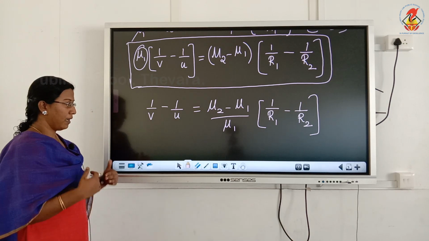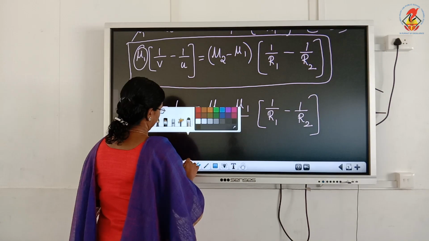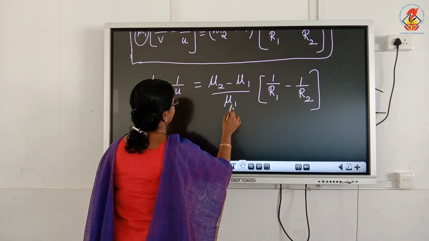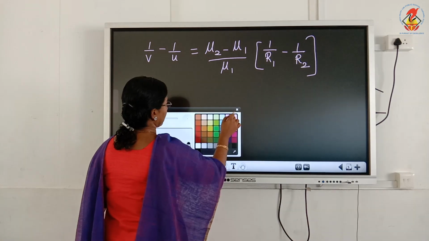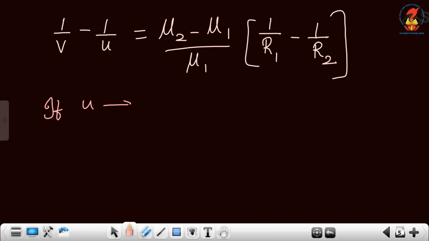Okay. Now, if we imagine the object to be placed at infinity, you have studied the ray diagram, isn't it? If the object is at infinity, then the image is formed at focus, which means if U is at infinity, we will get V at the focus.